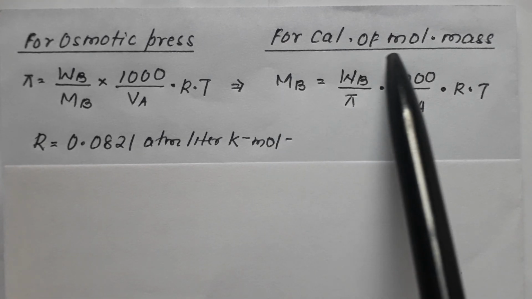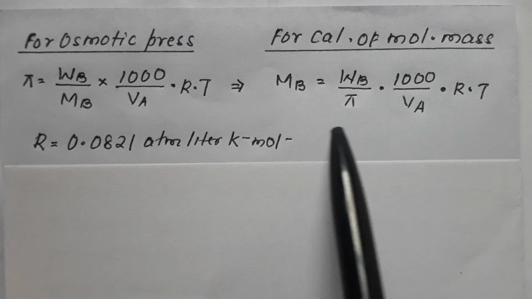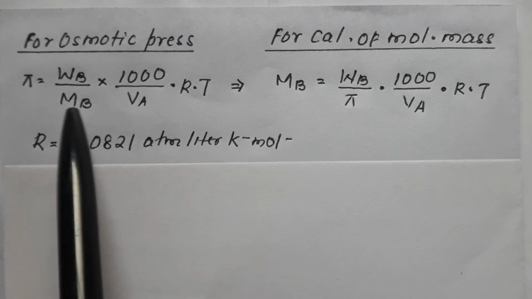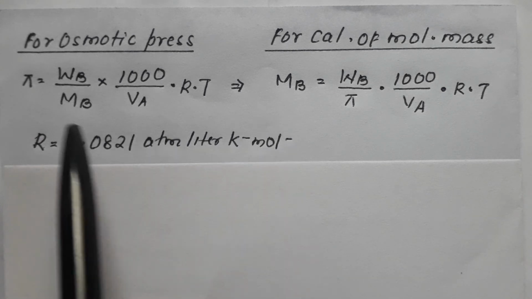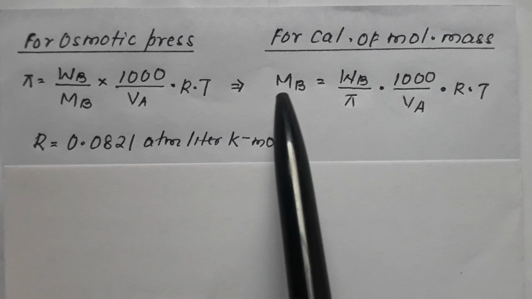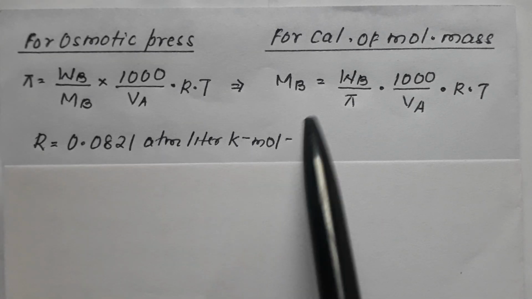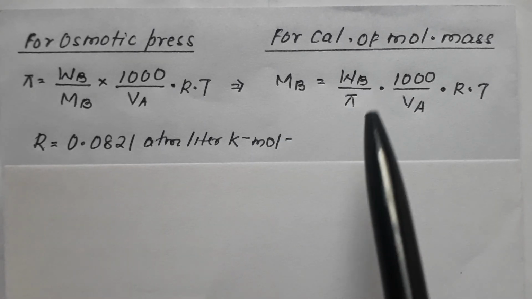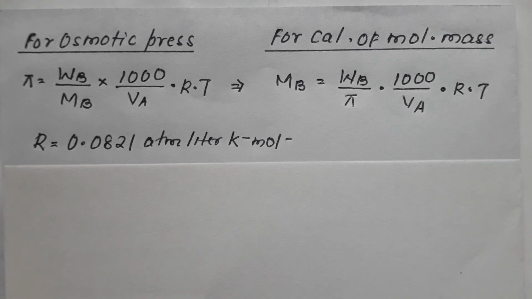If I bring Mb to the numerator, Mb is equal to Wb upon pi into 1000 upon Va into R into T. So this is how we can calculate the molecular weight of any unknown solute based on the osmotic pressure.